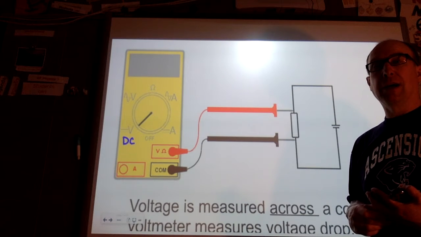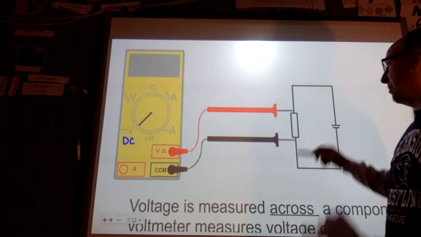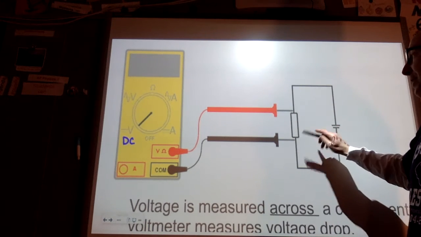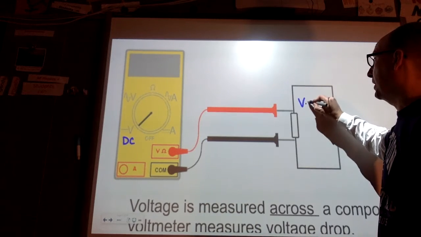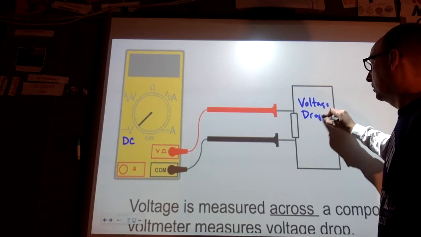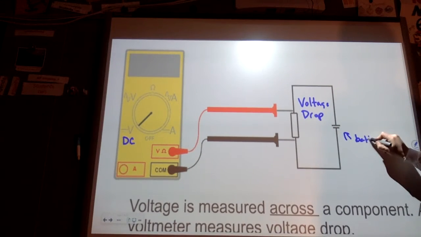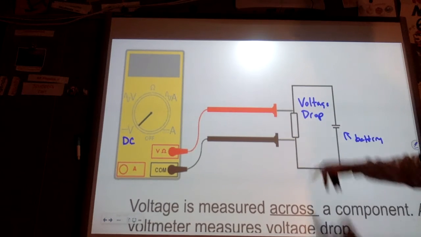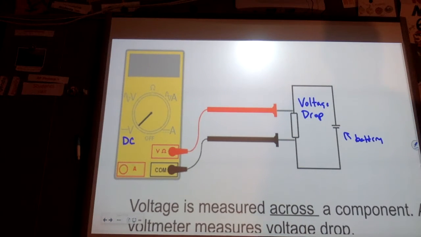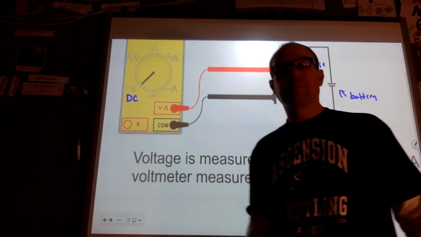And we're measuring the difference between the voltage on one side to the other. So we're measuring a voltage drop. So whatever pressure this battery provides is going to be dropped across the component, across the resistor.